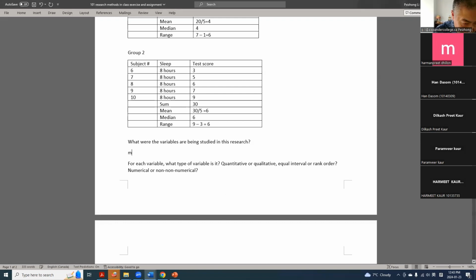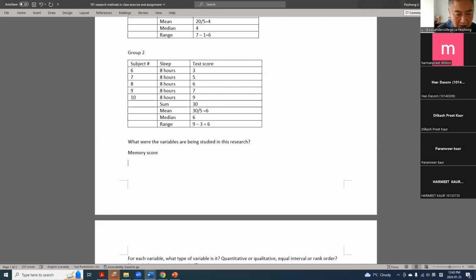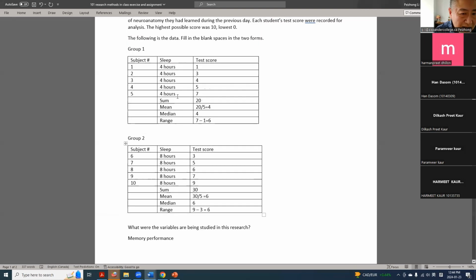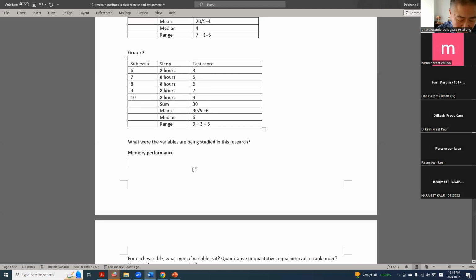So memory score is 1. And what is the other variable? Well, you can see memory performance. And then what is the other variable? The other variable is different hours of sleep. This group sleeps for 8 hours, 4 hours, so sleep time.